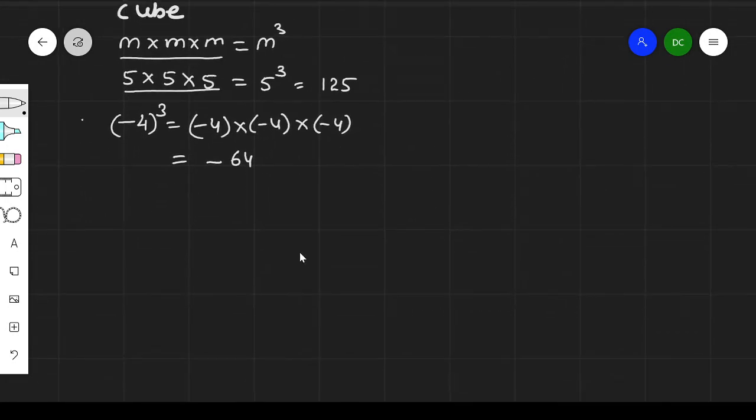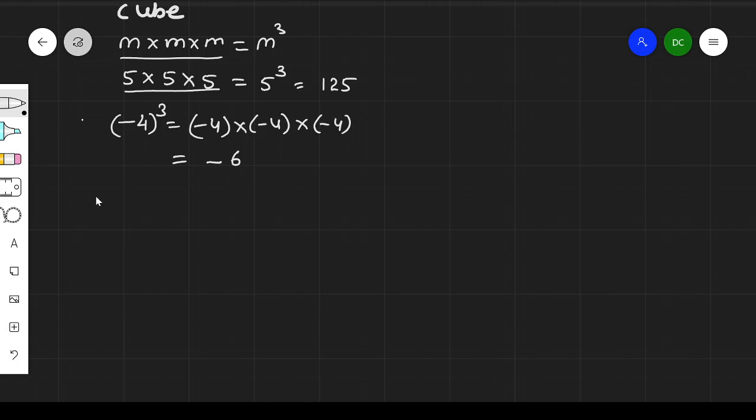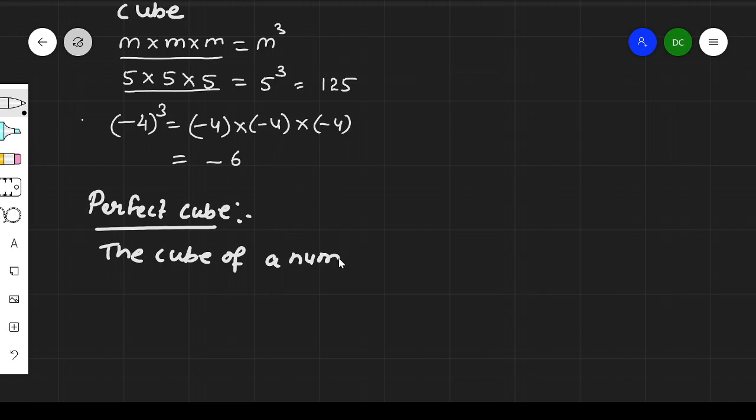Now what is the meaning of perfect cube? Listen carefully, the cube of a number is called a perfect cube.